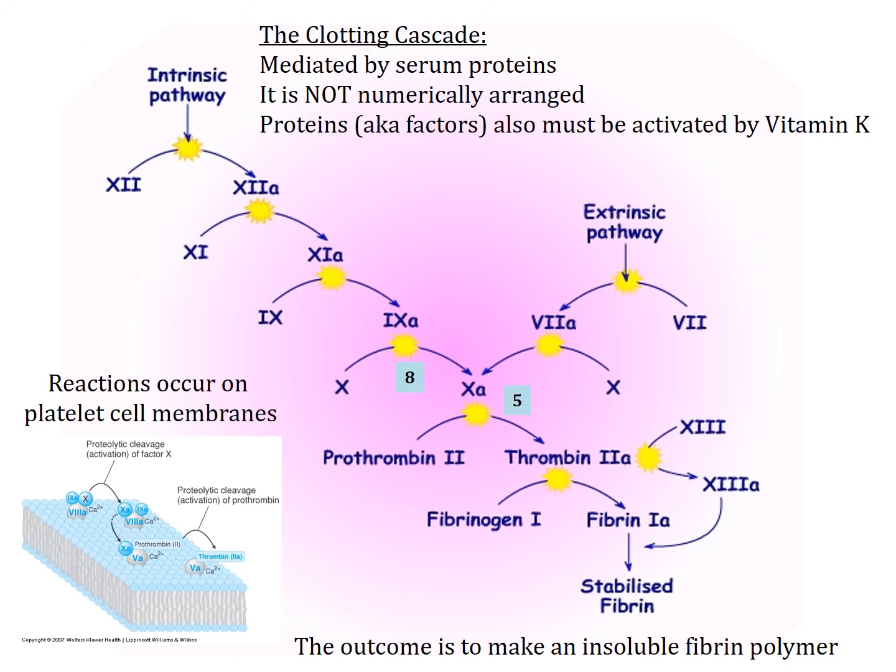XA, factor 10A, has been activated. So proteins in the intrinsic path and proteins in the extrinsic path are trying to get to 10A. And then once you get to 10A and you go down to your fibrin clot, that's the common pathway. So you've got intrinsic, extrinsic, and common, and you've got different protein factors involved in each of the pathways.